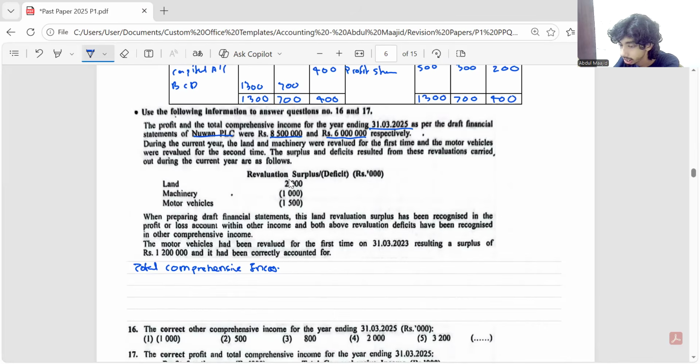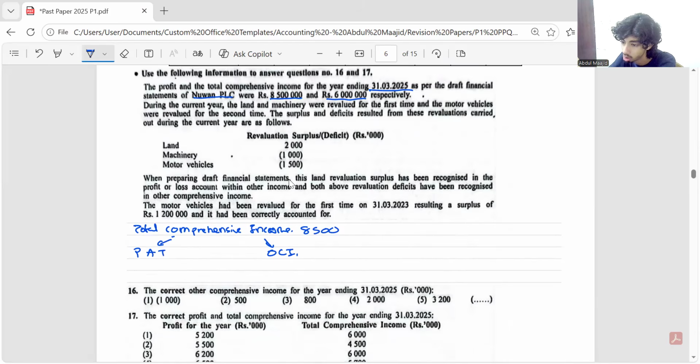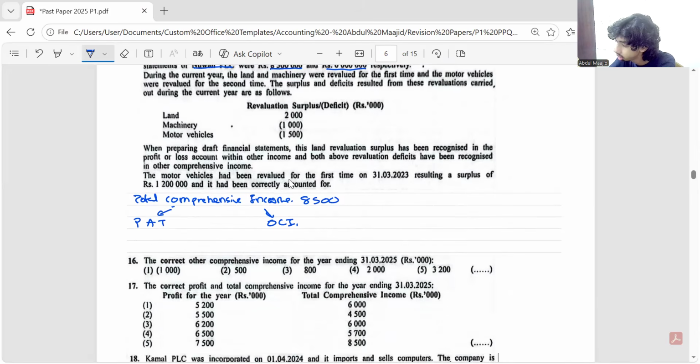Here you have to take it like the total comprehensive income divides into 2 as profit after tax and other comprehensive income.